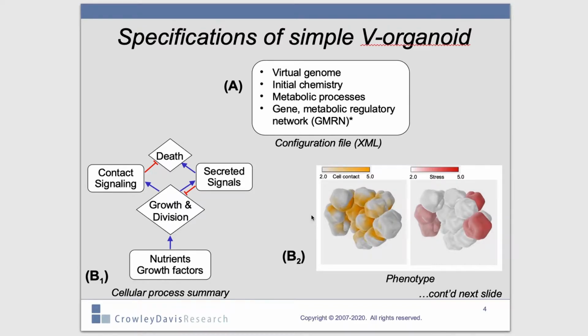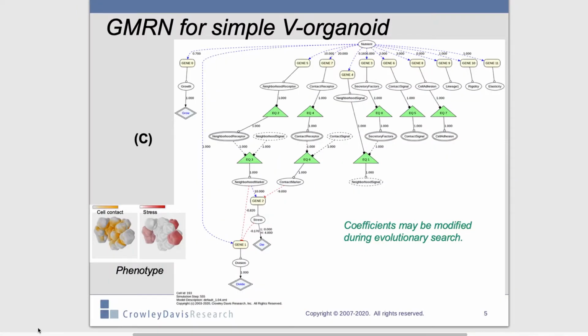As a third option, interactions between components are represented as a network diagram known as a gene and metabolic regulatory network, or a GMRN. In this depiction, the internal virtual biological machinery is represented in a gene and metabolic regulatory network diagram.